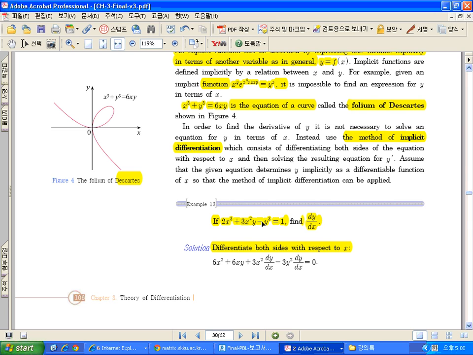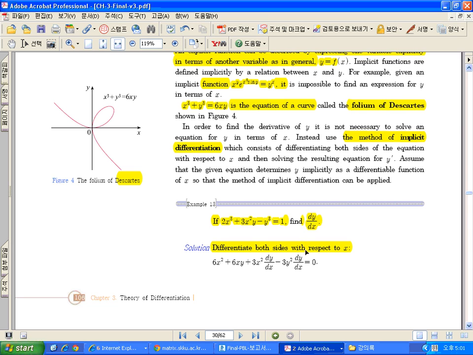Then 6xy minus 3y squared. But here, what is y? y is a composite function that depends on x. So if we want to differentiate y with respect to x, we need dy dx in addition.